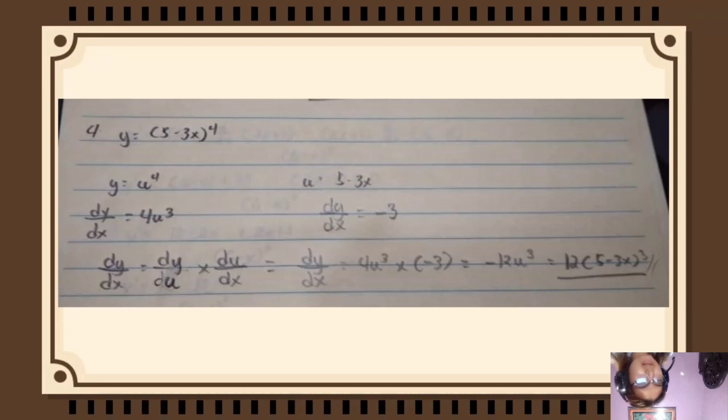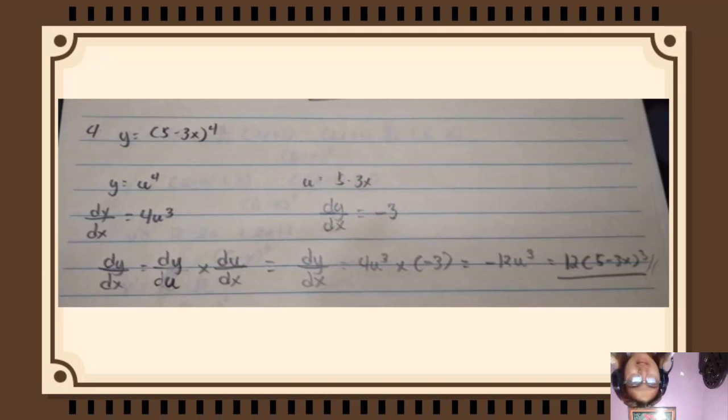Derivative of y all over derivative of x is equal to 4u cube x times natin sa negative 3, so negative 12u3. So punin natin yung u, bring down negative 2. May negative pala to, hindi ko nalagyan, sorry, pero kinokorek naman natin dito sa discussion natin.